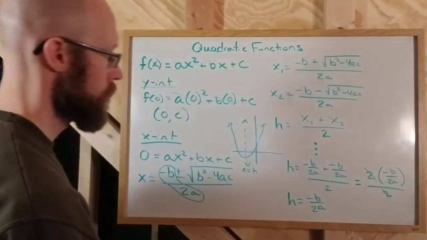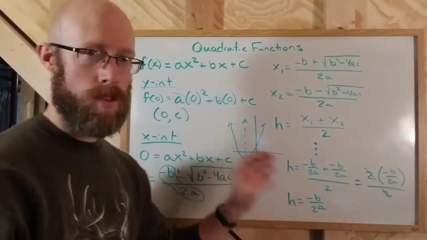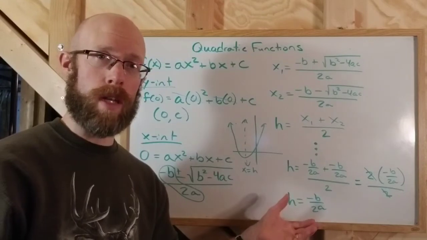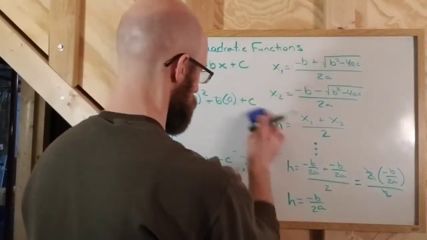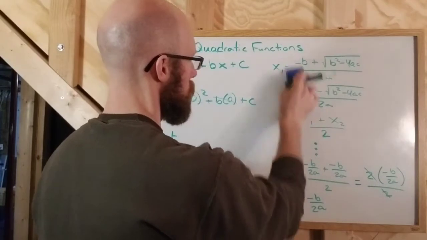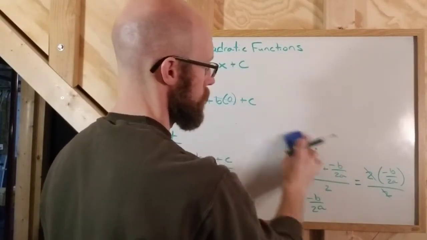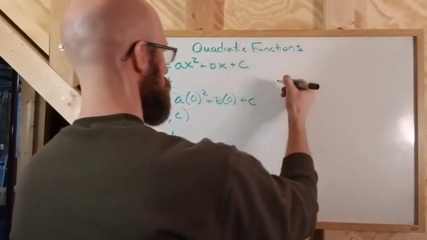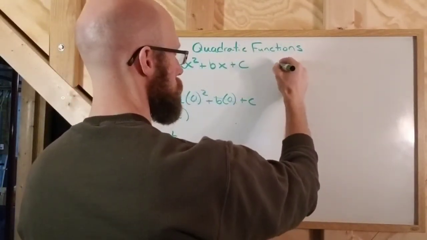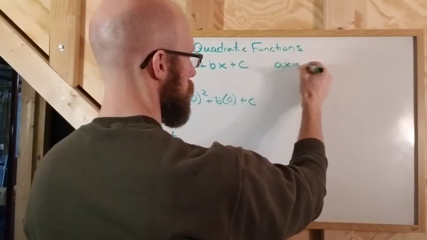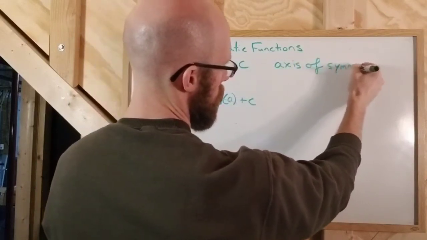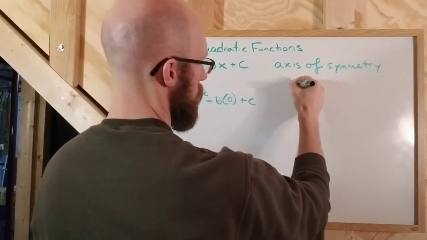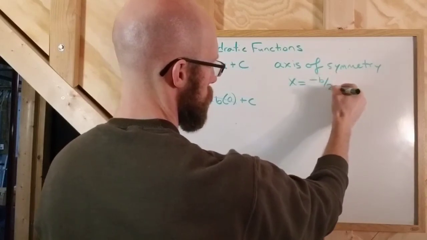Okay, so that gives us a nice, neat formula for finding the axis of symmetry, and also gives us a way to find the vertex. Right, so for any quadratic function, the axis of symmetry is going to be x equals negative b over 2a.